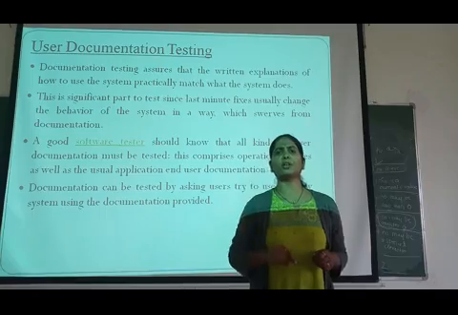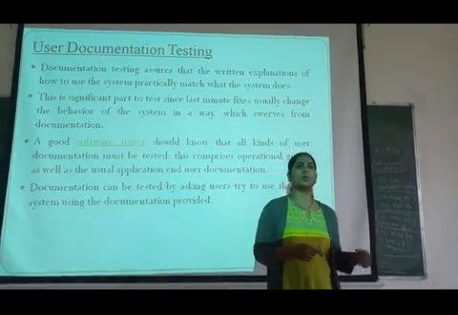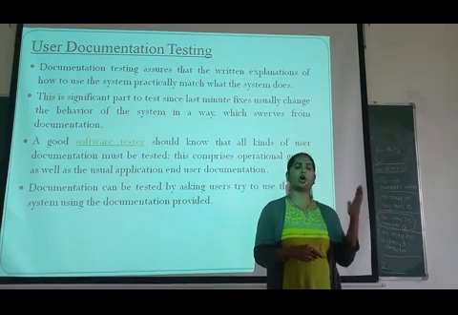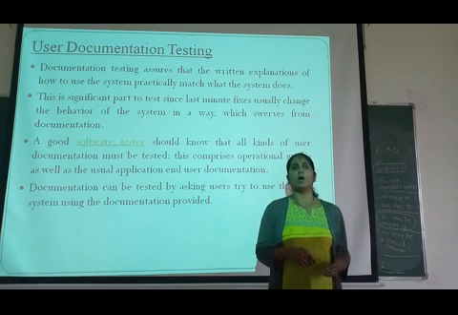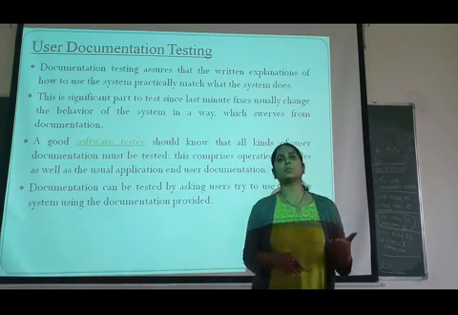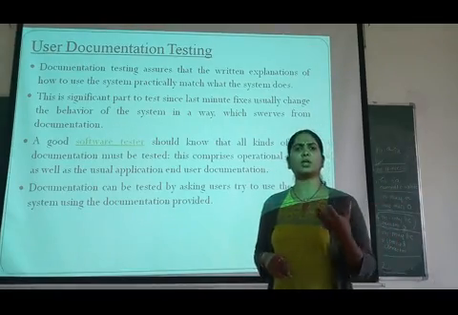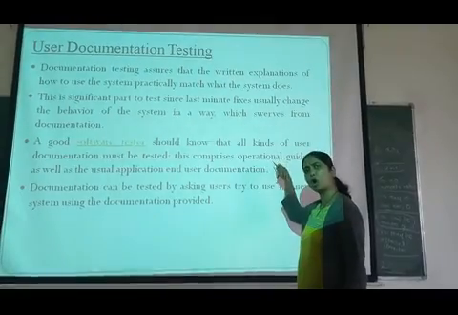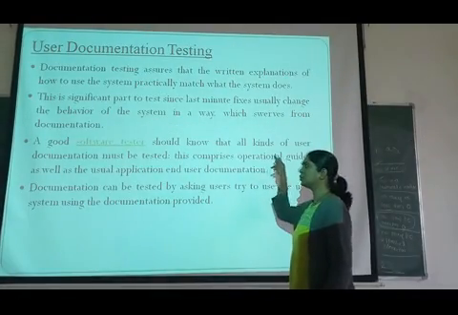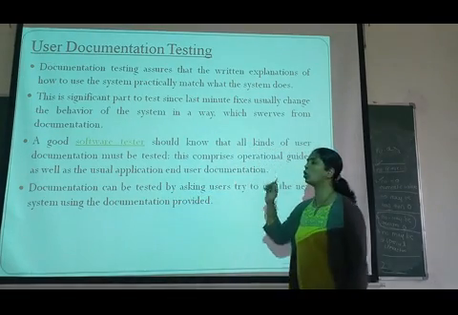When we check it as per the requirement specification or as per that manual, then we can consider that this application or thing is as per the specification or documentation. So we can say that it is considered an operational guide for the organization, as well as a usual application in user documentation.